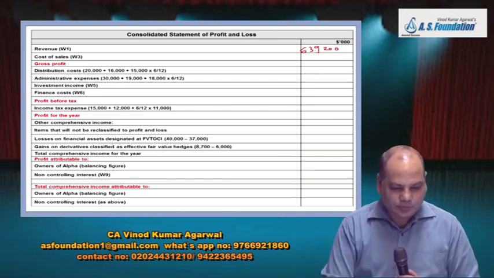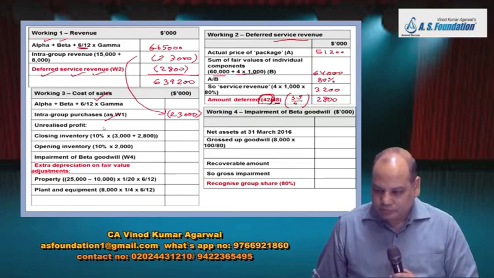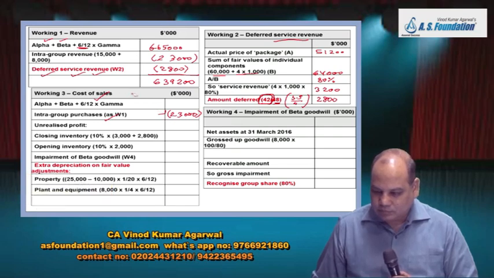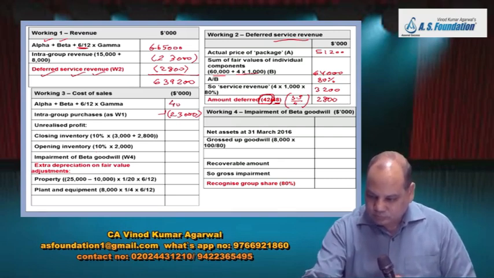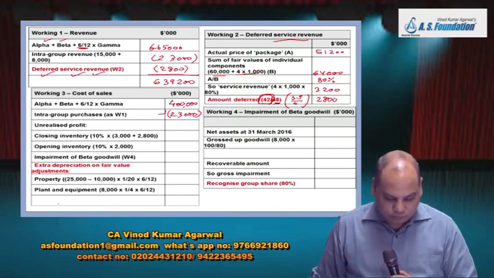What is the next item in the profit and loss? Cost of sale. So working note 3, first line, alpha plus beta plus half gamma. How much is that? Is it 4 lakh? Okay. Next is gross profit.